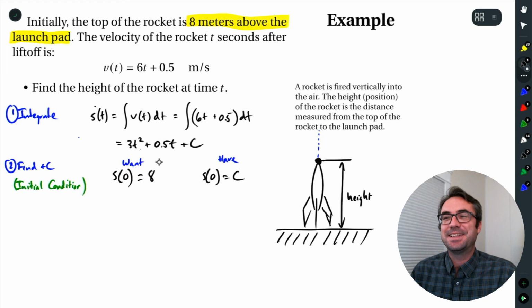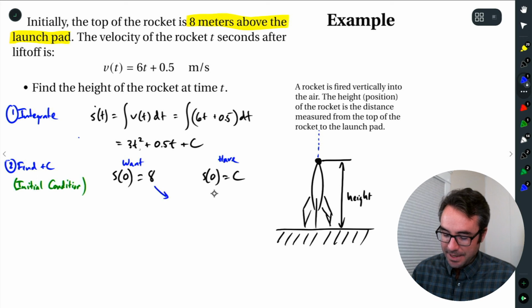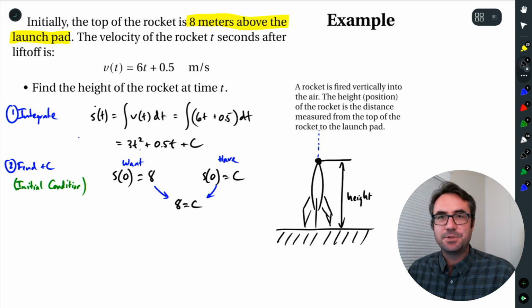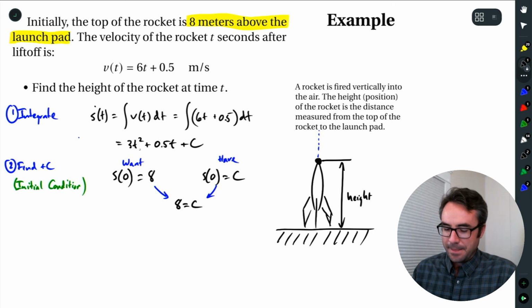All right, so we need to reconcile these now. We want these to be the same. So we set them equal to each other and we solve for c. And when we do this, we get 8 is equal to c. So we set these two values equal, and that pretty much does it. Alrighty. Now we update our function.